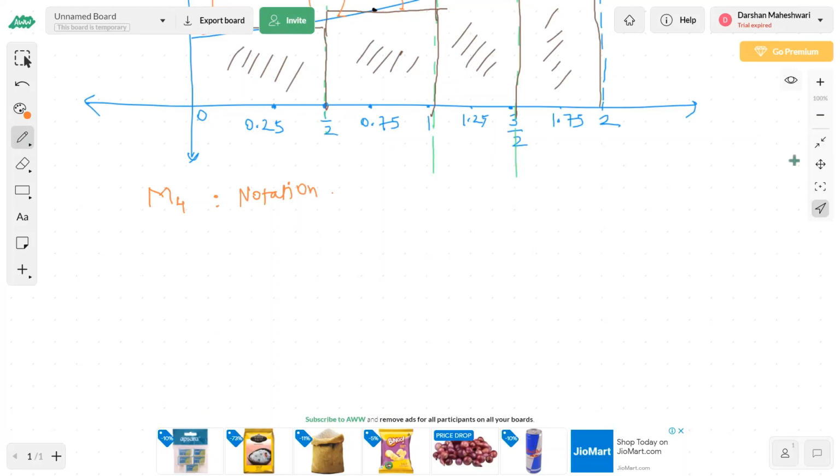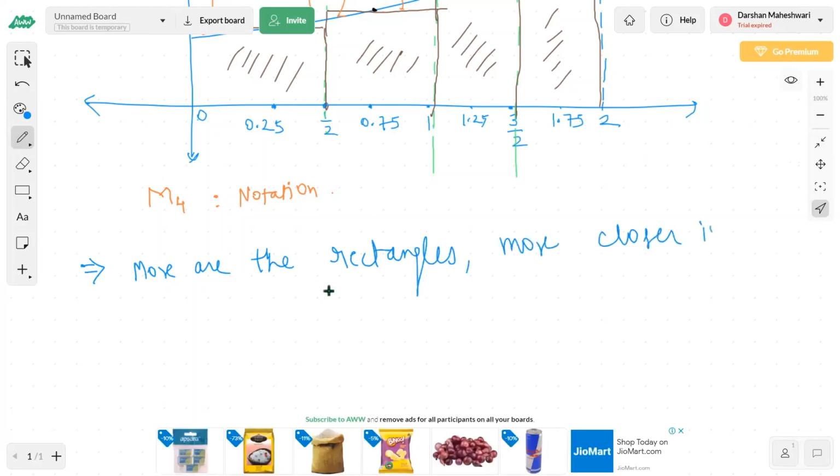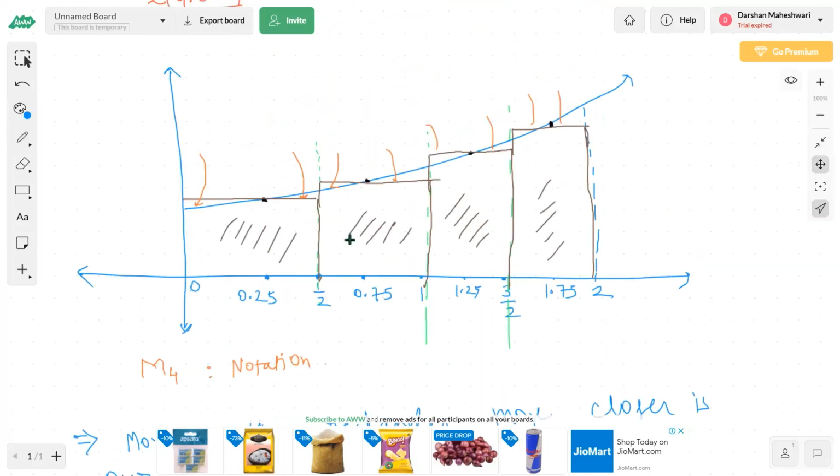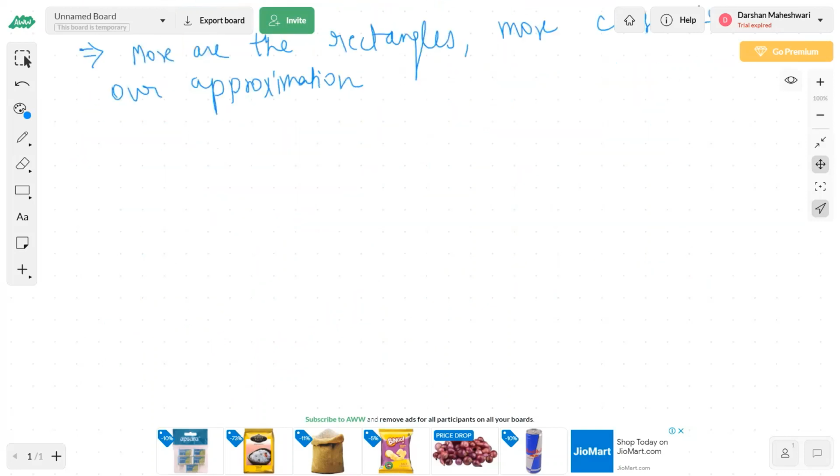And another point which I would like to tell you is that the more the rectangles, the closer is our approximation. That is very evident because whenever you take more rectangles, it will be more crowded and the area tends to get closer and closer to the actual answer.